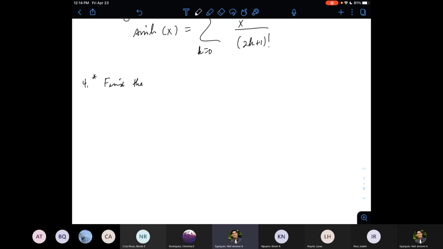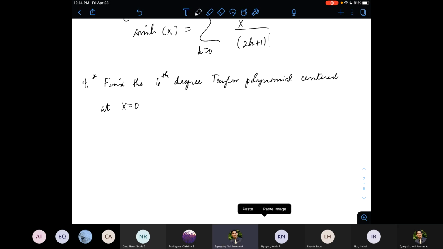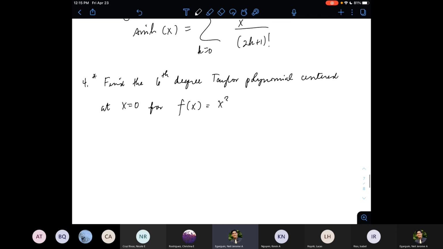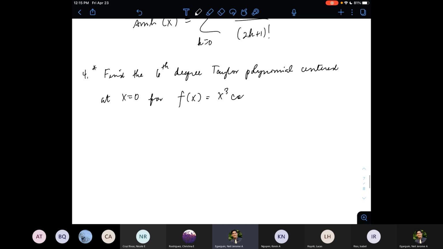So here I'll have, let's say, just the 6th degree Taylor polynomial centered at x equals 0 for the following function. Let's say we have a specific function here. Let's say we have x cubed cosine 4x.